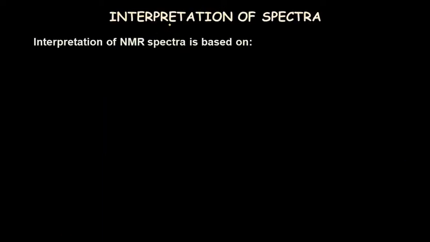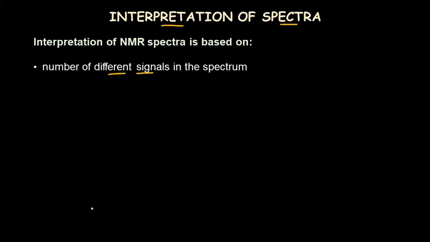Now let's understand how we interpret a spectrum produced by a compound, and then we study the structure of various compounds, because the NMR spectrum is going to produce different signals for a compound. The position of the signals is what we call the chemical shift.